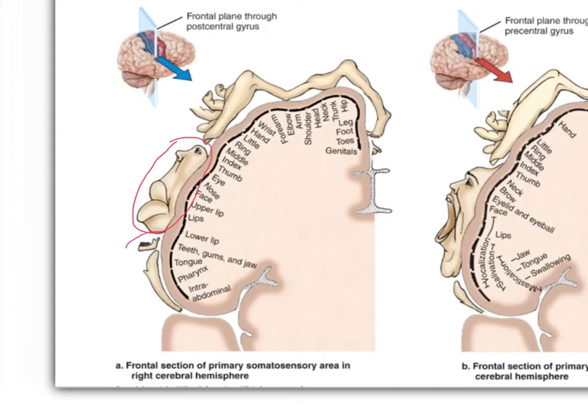Which is funny, if you think about the proportion of things: a small little sliver is going to be from your teeth, gum, and jaw. Your tongue, your pharynx, your intra-abdominal area is actually pretty big, right? Like what you taste. And then your eye is actually the smallest receptor area, and your lips are huge, right?